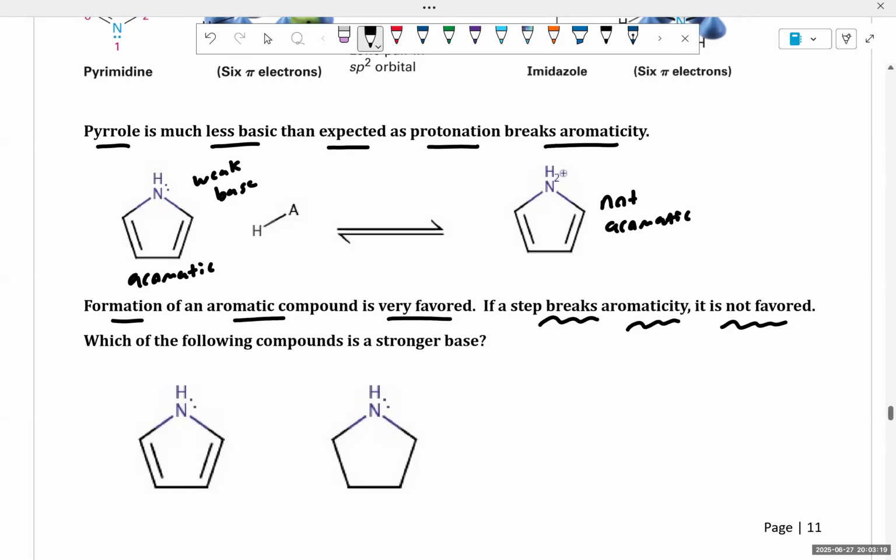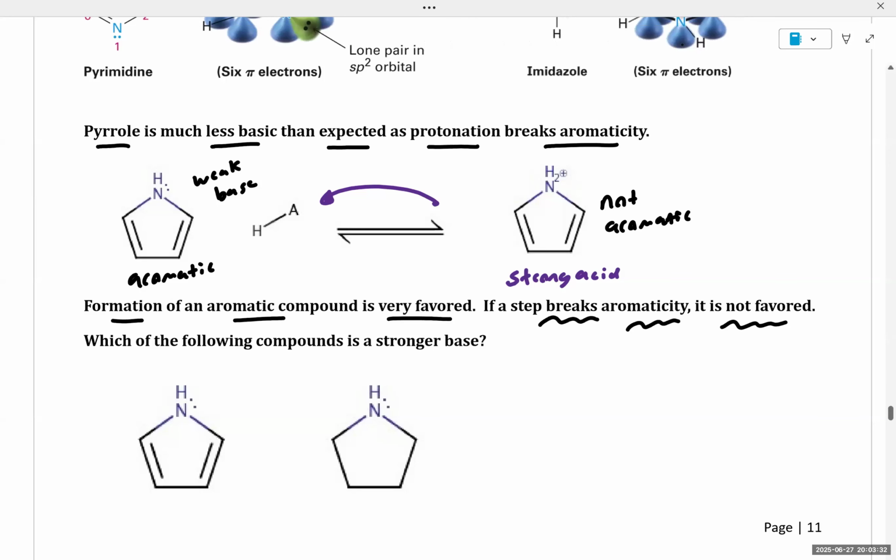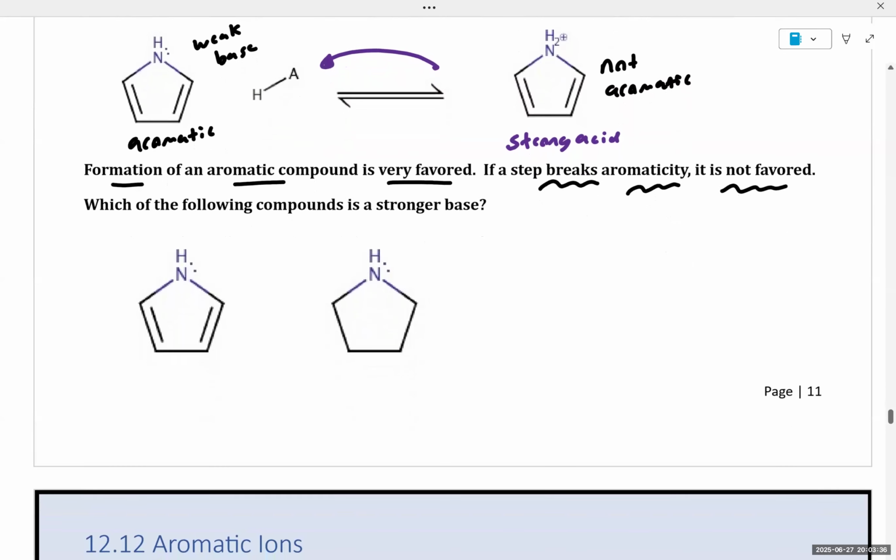By the same token, I'd like you to note that this compound is a strong acid because deprotonation would make an aromatic product. So I'd like you to tell me which of the following compounds is a stronger base, pyrrole or just this normal cyclic amine?